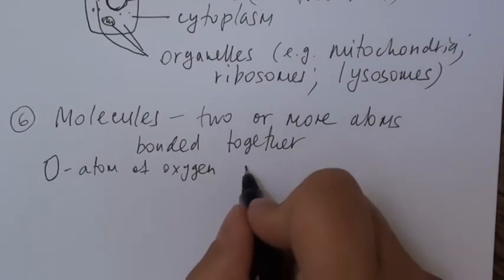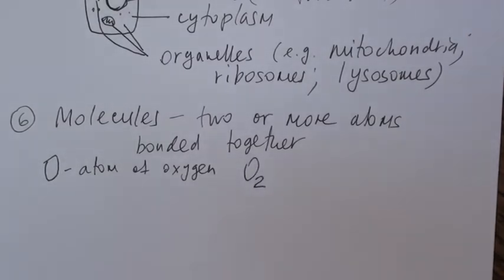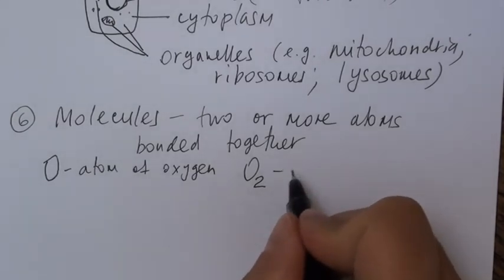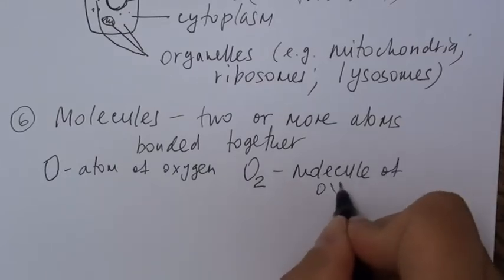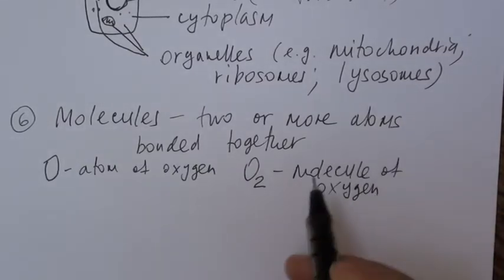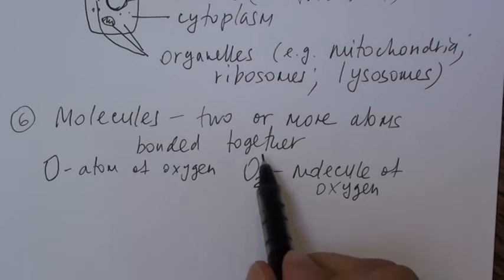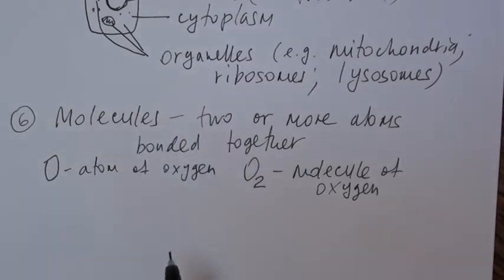But if I write, a famous mobile network, right, O2, this is no longer an atom of oxygen, this is a molecule of oxygen. Right? And how do I know it's a molecule of oxygen? Well, I've got two. That means I've got two atoms of oxygen bonded together, which makes it into a molecule. So I can no longer call it an atom.